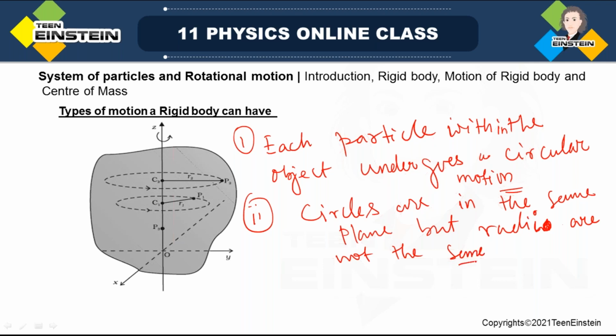So they undergo circular motion with various radii, and the circular paths will be in the same plane, or you can say parallel. The planes of the circles will be parallel to each other, and the radius depends on how much distance away the particles are situated from the axis of rotation.